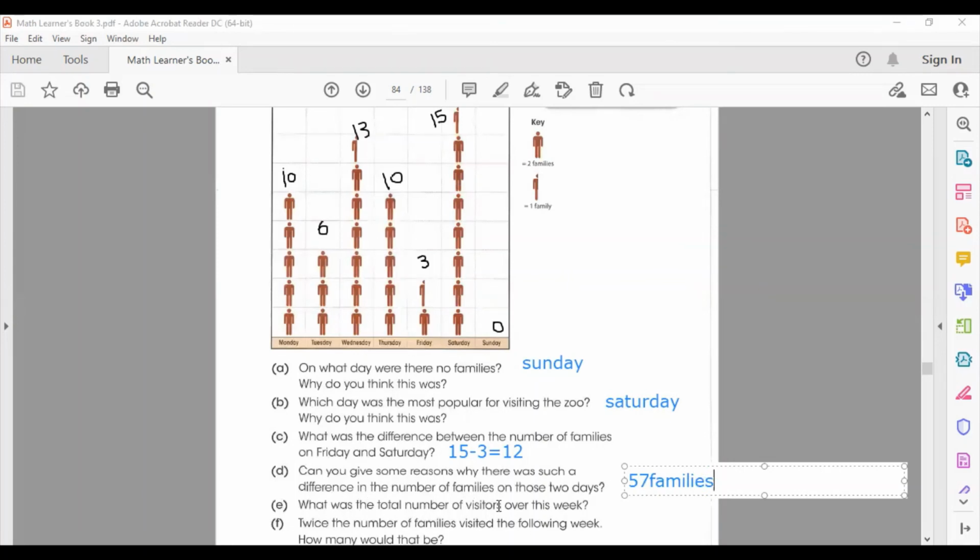The next question: twice the number of family visitors of the following week. Make double. 57 plus 57, it's 114 families.